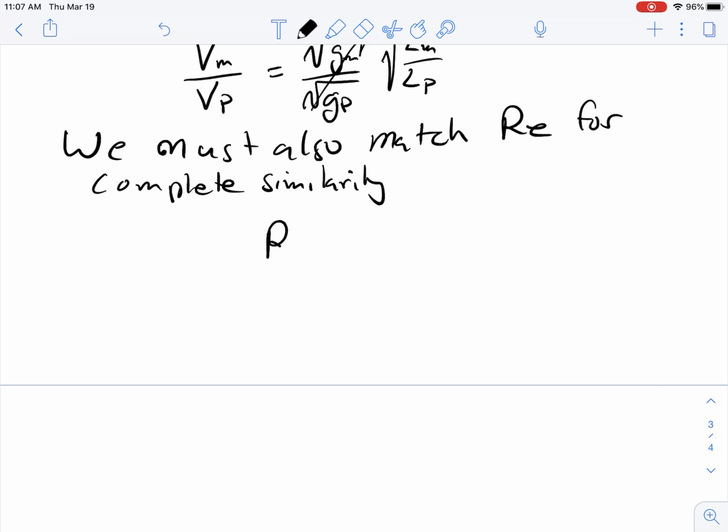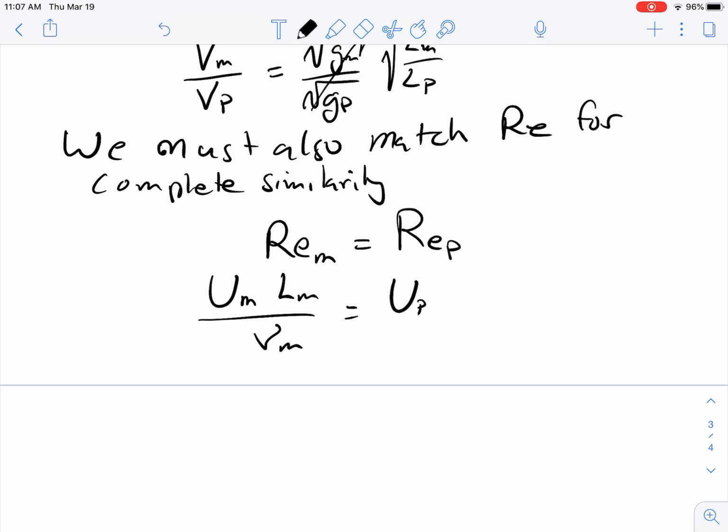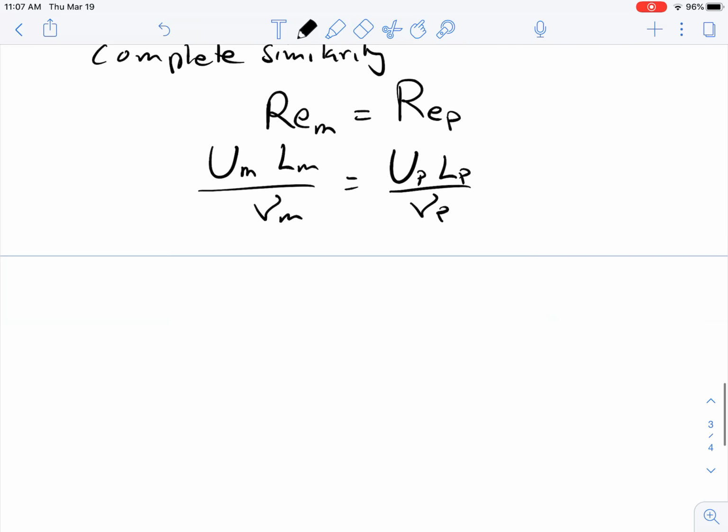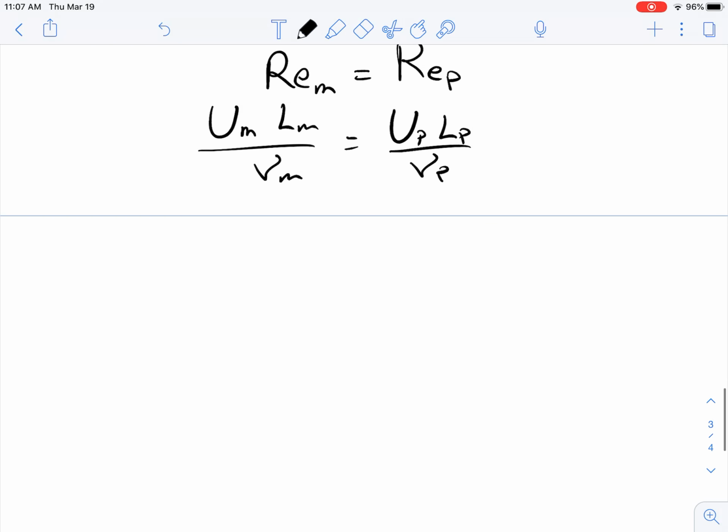We match the Reynolds number of the model to the Reynolds number of the prototype, which looks like V of the model times L, the length scale of the model, divided by the viscosity of the model. Again, this is the kinematic viscosity, equal to mu over rho. That is equal to the velocity of the prototype times the length scale of the prototype divided by the kinematic viscosity of the prototype.